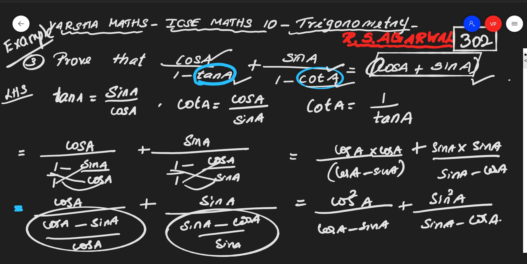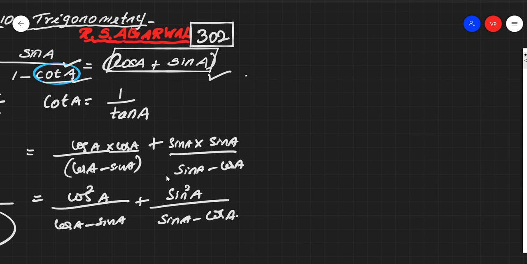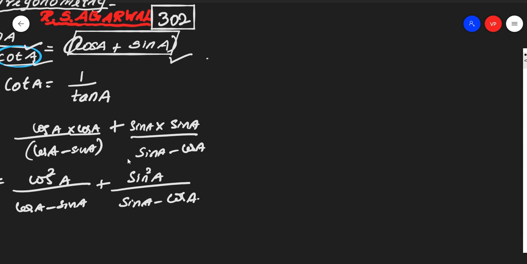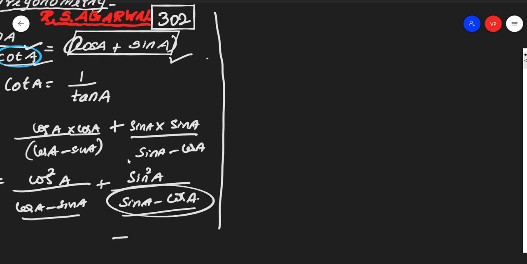But we still didn't get the RHS. See the numerator, students. It's most likely equal but not exactly, because here it is cos minus sin, and this is sin minus cos. So we have to make them equal, and for that we can take a minus outside.